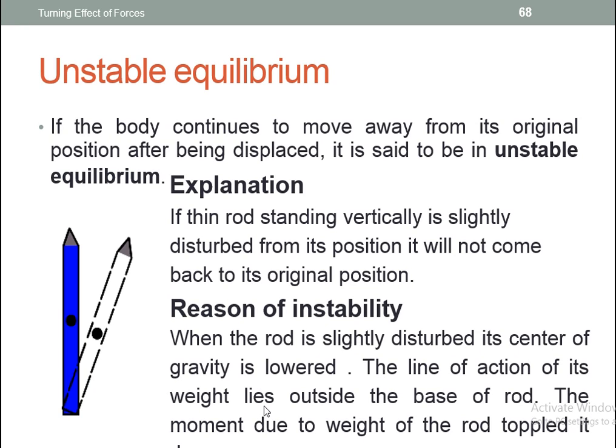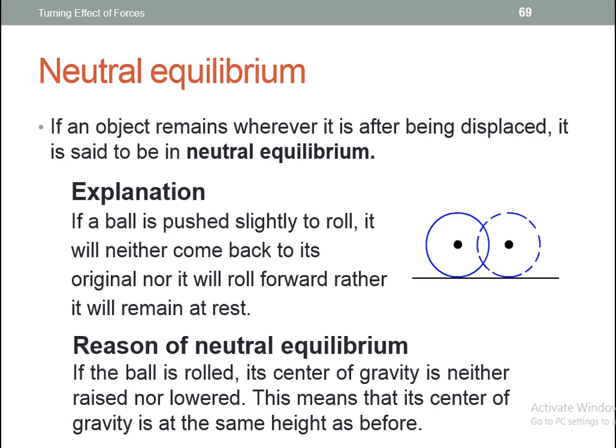The line of action of its weight lies outside the base of the rod. The moment due to the weight of the rod propels it down. तो इस वजह से जो हमारा पेन है या कोई भी रॉड है वो गिर जाएगा, दोबारा अपनी पोजीशन गेन नहीं करेगा. So this type of equilibrium is known as unstable.